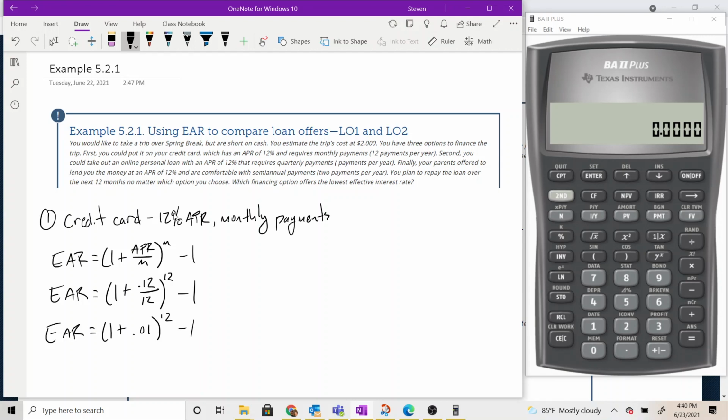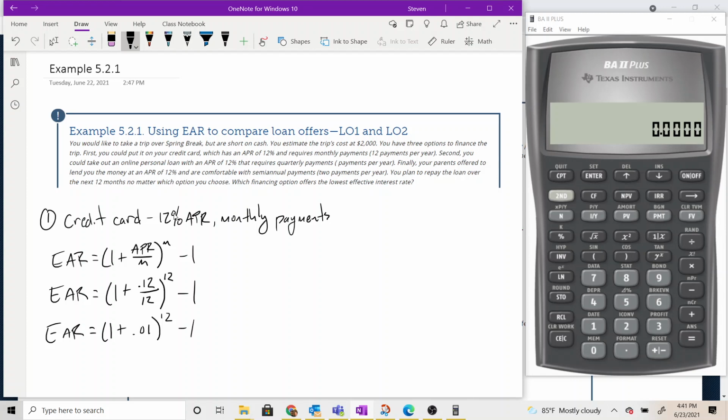Now this 0.01, which is 0.12 divided by 12, it's important to think about what this is. Since we've got monthly payments, when we take that APR and divide it by the number of compounding periods, what we have just found is the monthly effective rate on this loan. So we are paying 1% per month on this loan. And in fact, that's how APR is determined.